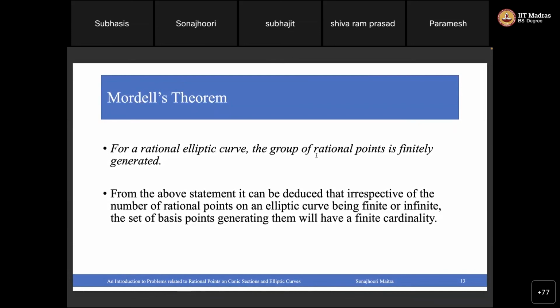Like we saw in conics that one rational point was generating the other rational points. In the case of a cubic, one rational point won't generate them all, otherwise there wouldn't have been a problem at all. A number of rational points will generate the other rational points, right? But this set of rational points, called the basis points, that will generate the other rational points on the cubic curve will always have a finite cardinality. That's what Mordell's theorem states.